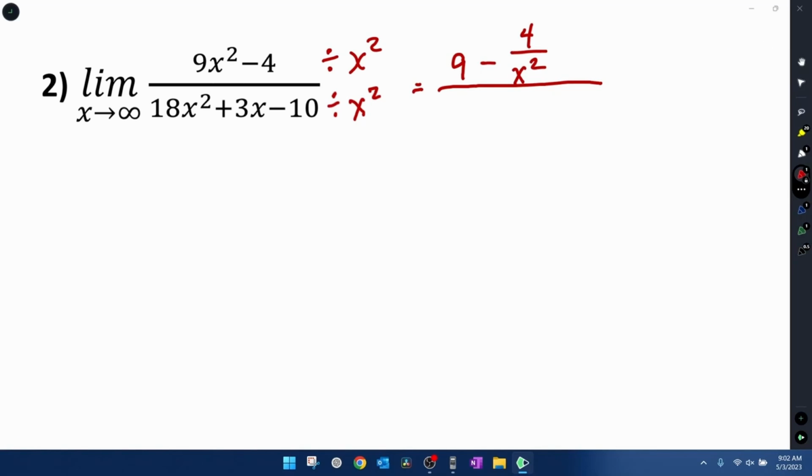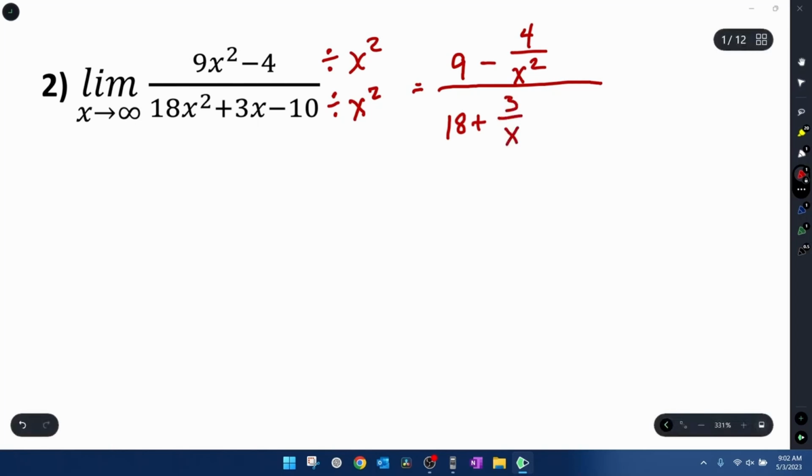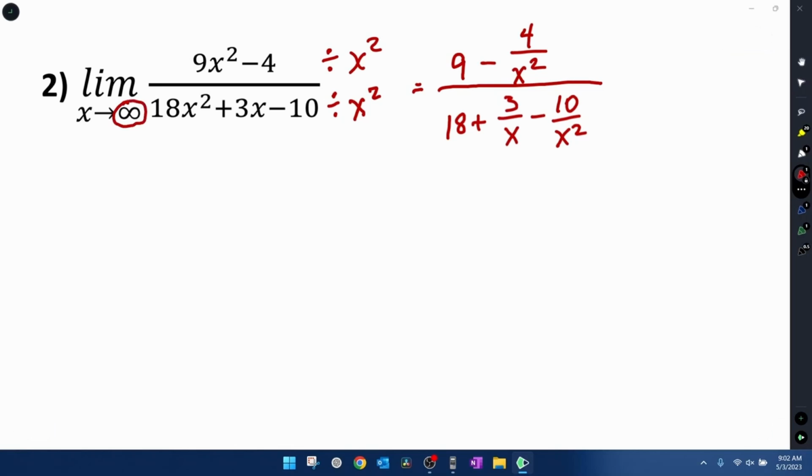In the denominator, 18x squared divided by x squared is just 18. Plus 3x over x squared would be 3 over x reduced, minus 10 over x squared stays a fraction. And now we can ask, what's going to happen if x gets infinitely large?